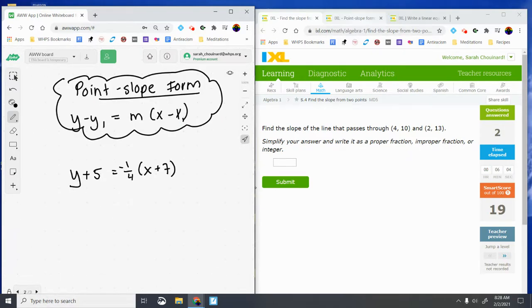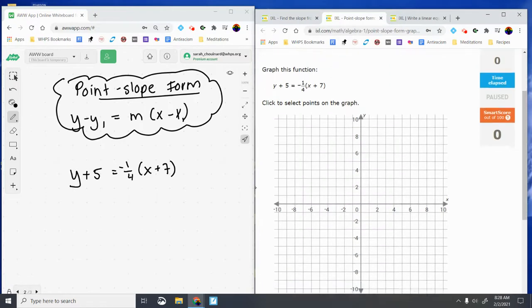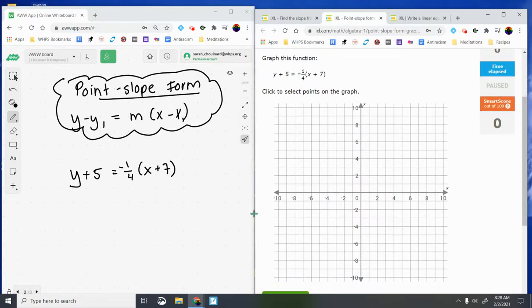Okay, the next type of problem is graphing point slope form. So to graph point slope form, we first need to identify the point from the equation. So since the equation is x minus x1 and y minus y1, when we see plus 7, it actually means that x was negative 7.